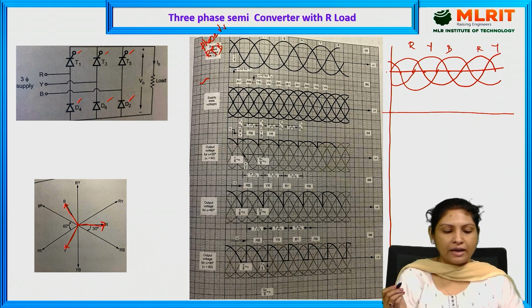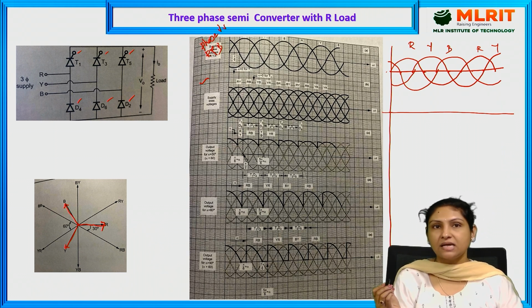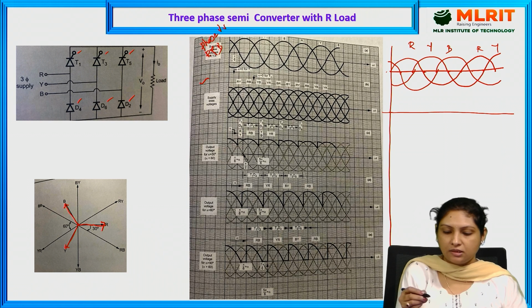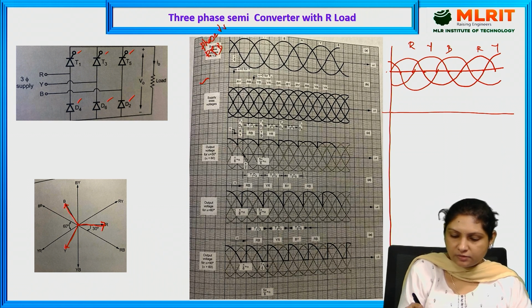Here line voltage RY leads R phase by 30 degrees. That means, let us mark the scale like this. This is 30.